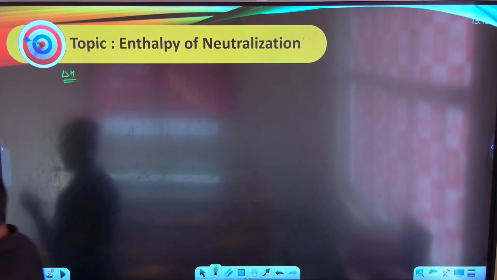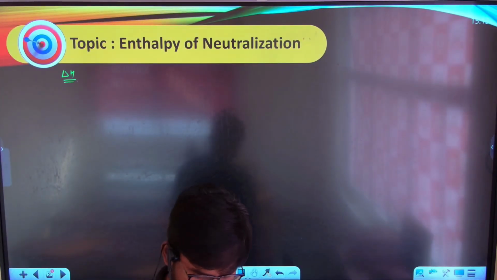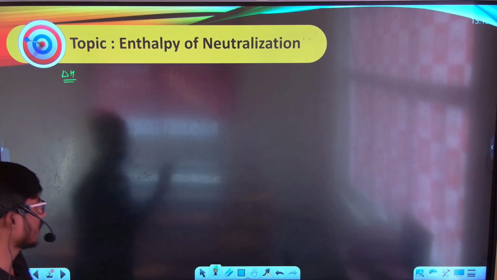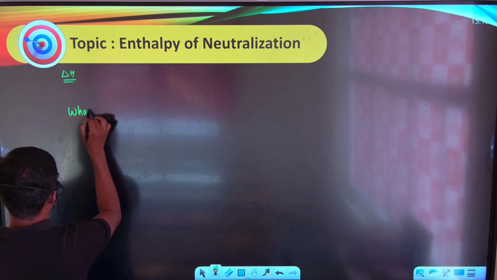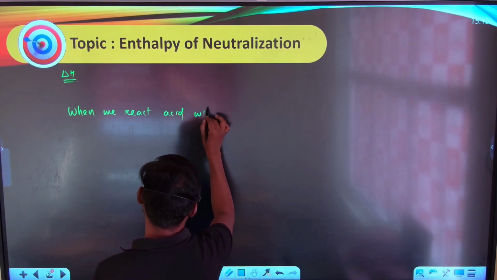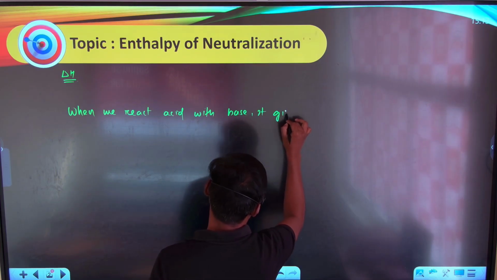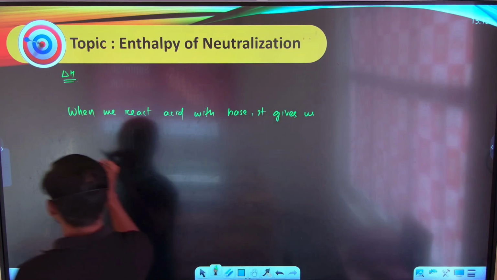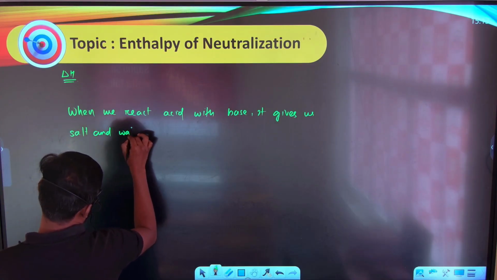In this we will study, in a neutralization reaction, how much energy is consumed or how much energy is released. So first we have to know about neutralization reaction. What is neutralization reaction? When we react acid with base, it gives us salt and water as product.